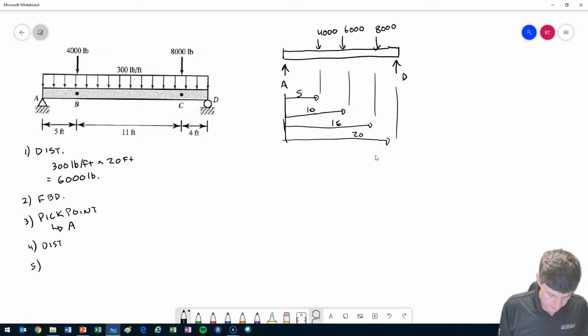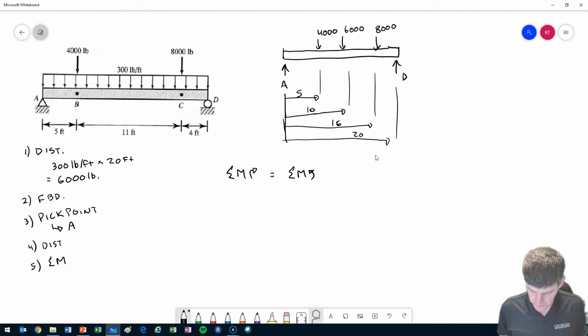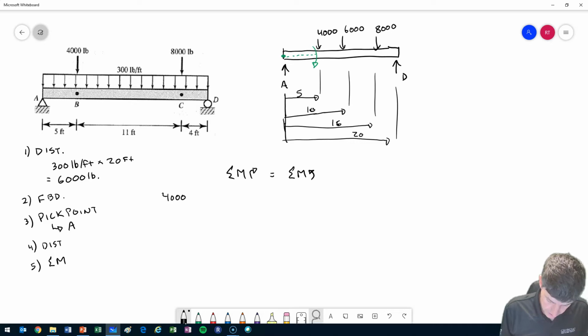Step 5, sum of moments. So sum of moments clockwise has to equal sum of the moments counterclockwise. From my pivot point as I work across, A is at a distance of 0, so it doesn't go into my calculation. I have a counterclockwise of 4,000 at 5 feet.